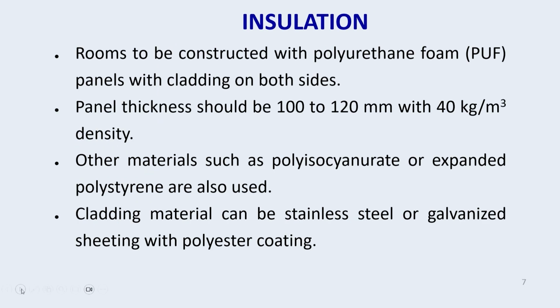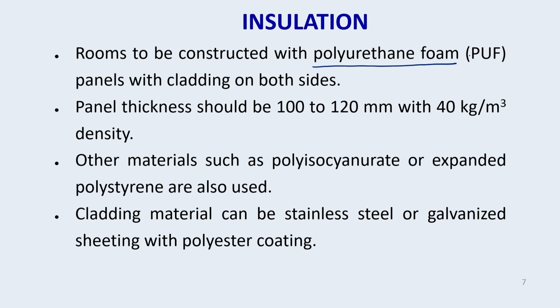Then the insulation is a very, very important material which is used in the construction of the cold room. Rooms are to be constructed with polyurethane foam, normally called puff. In short form, it is called puff. Puff panel with cladding on both sides is used. The recommended thickness of the insulation material is 100 mm to 120 mm.